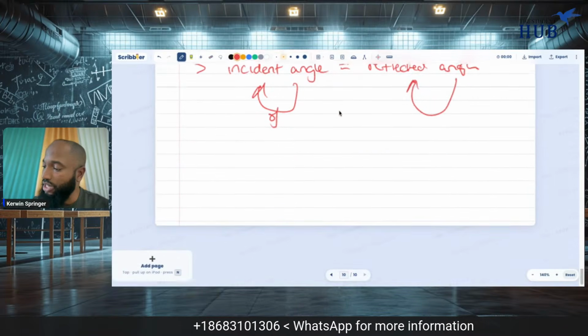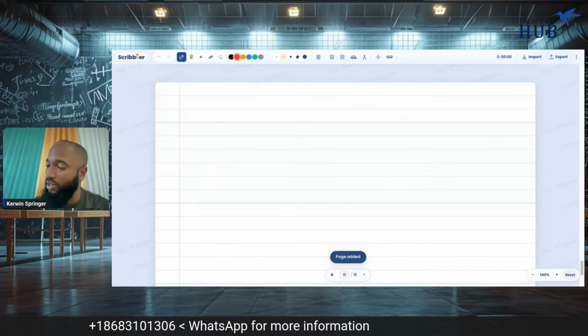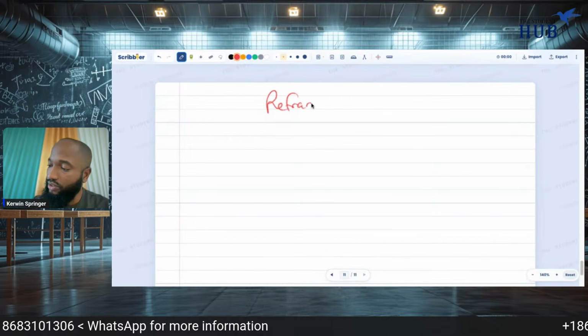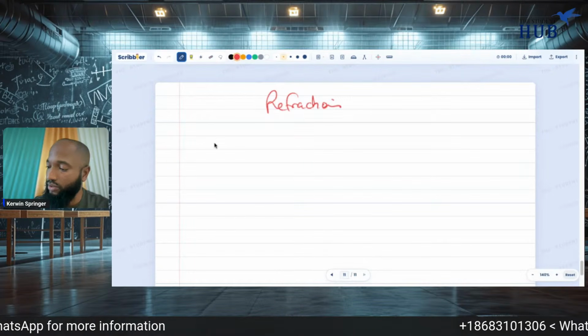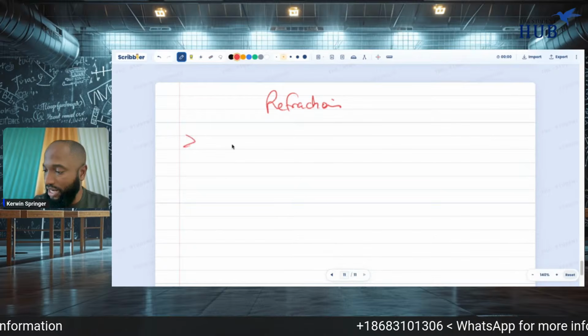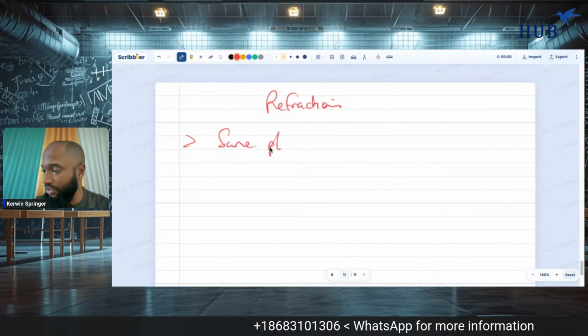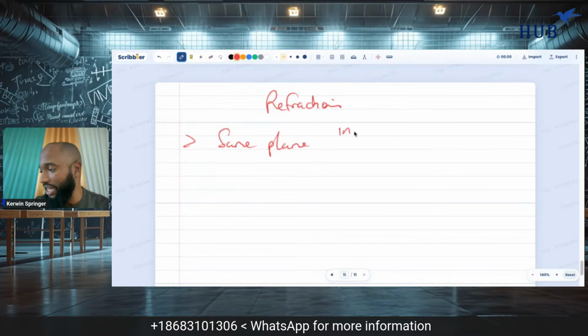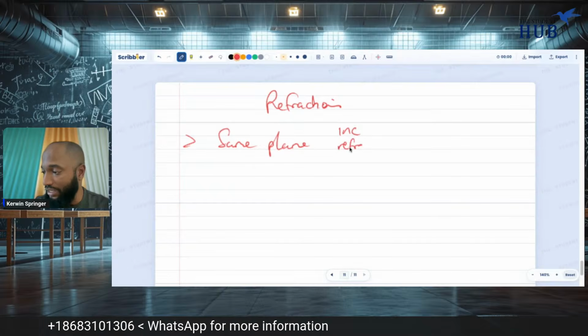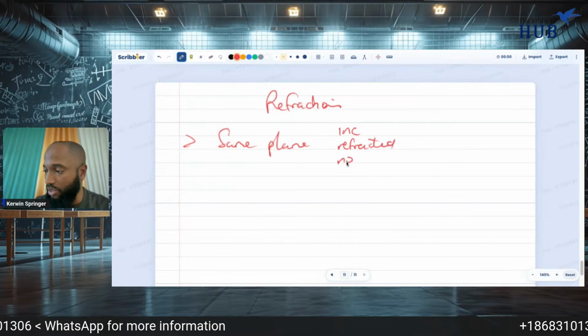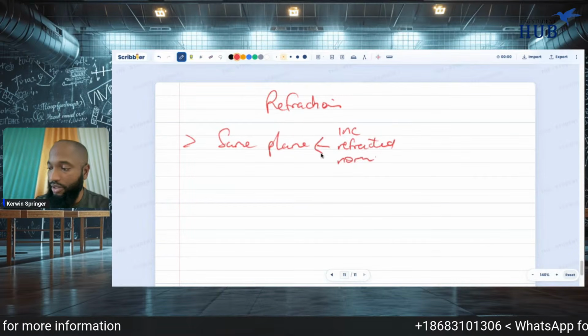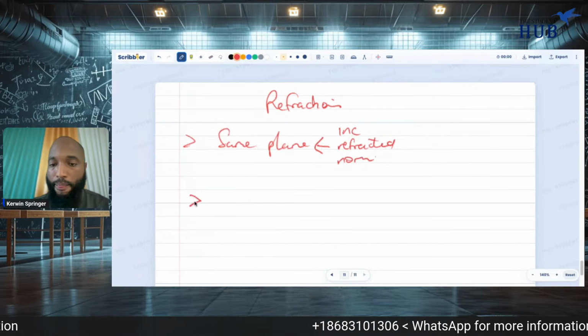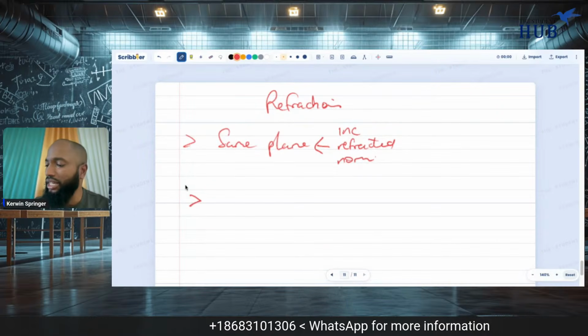All right, but if we're dealing with refraction, what are the laws of refraction? We still have the same plane business where we have the incident ray, the refracted ray this time, and the normal all on the same plane. But what else? There's one more. And what is that called?